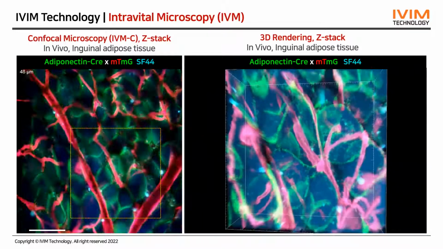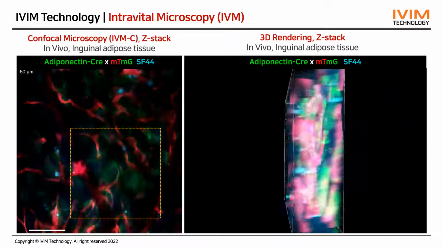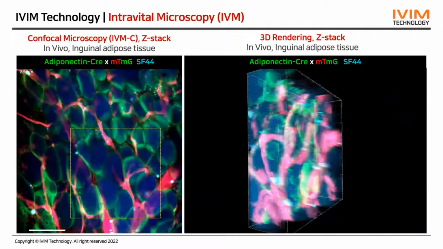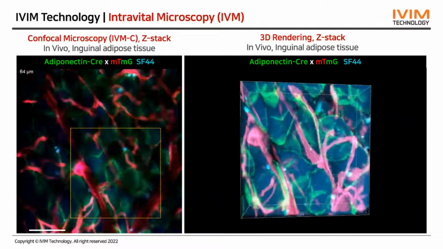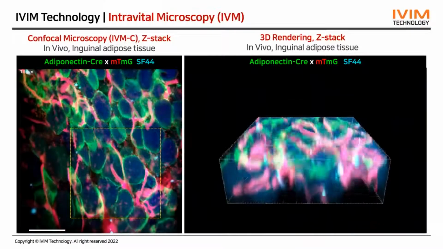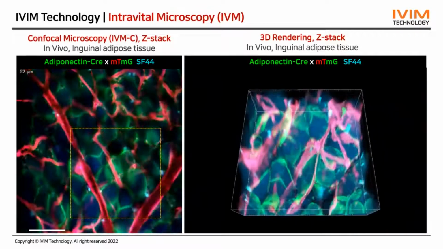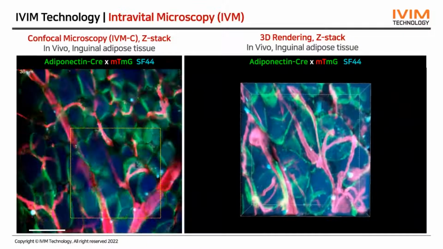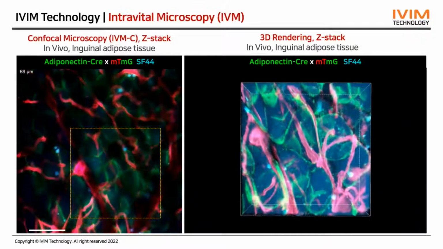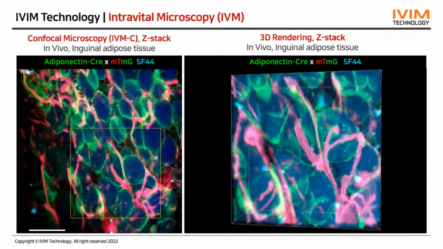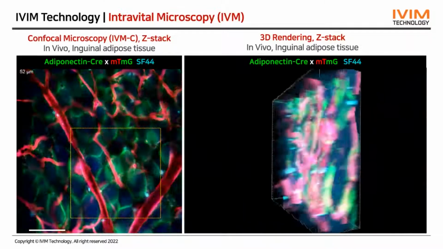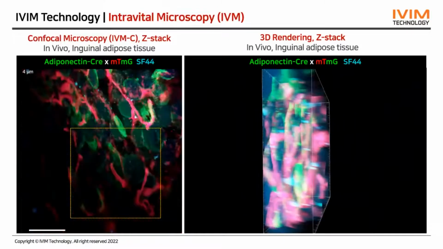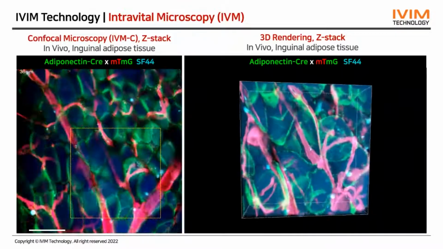Finally, with these technical innovations, IVIM's all-in-one intravital microscopy system is capable of high-quality subcellular resolution 3D imaging of in vivo tissue. This particular example is obtained from inguinal adipose tissue of a live mouse model by using the confocal model, IVIM-C, which clearly shows green adipocytes and red blood vessels in 3D.